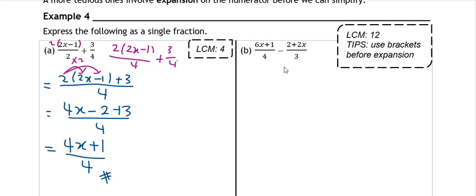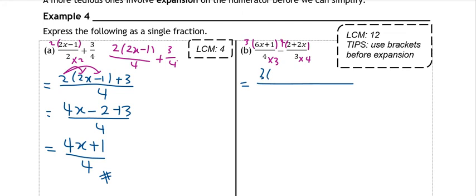And then look at 4b. So 4b, I've already given the LCM is 12. So basically, the whole thing here, 4, will be multiplied by 3. So the numerator will give you this one also, and this one times 4. So here you have to use brackets. So I will just straight away give you the illustration of what happens before expansion.